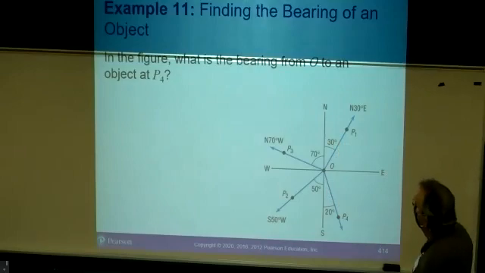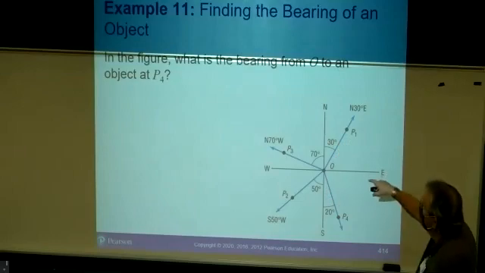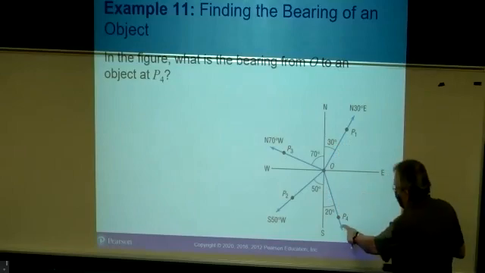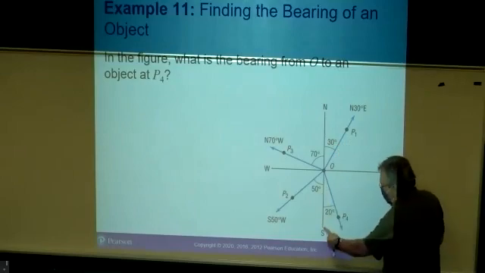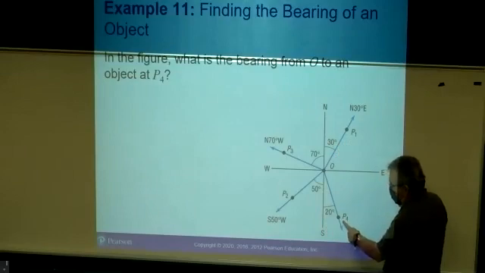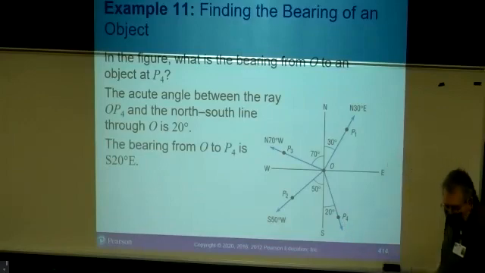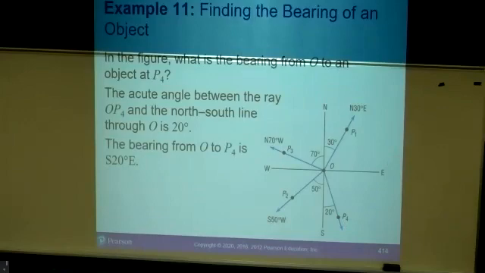So the bearing from the origin to an object at P4, well, this is P4, so we're going south 20 degrees east. It's pretty straightforward once you understand what they're doing and what they're talking about.